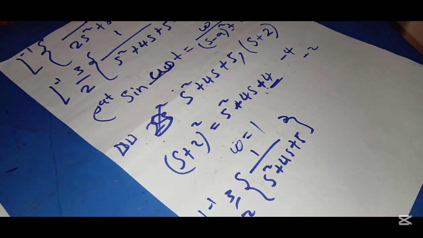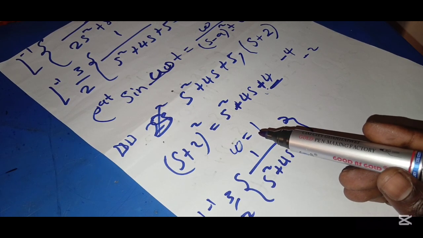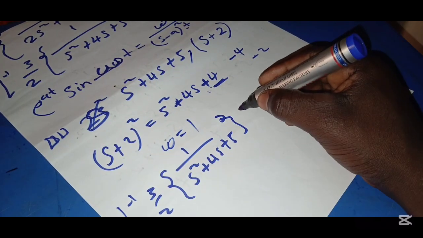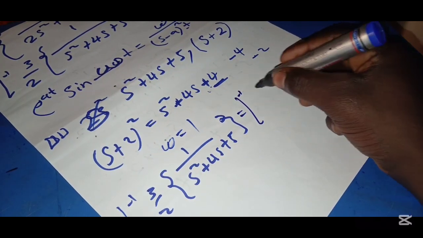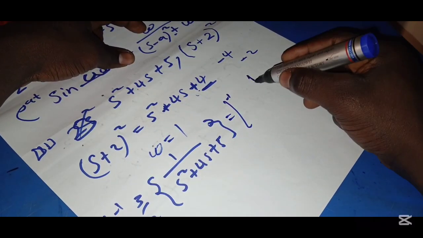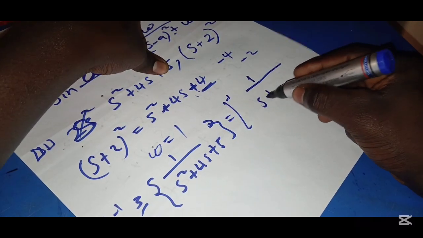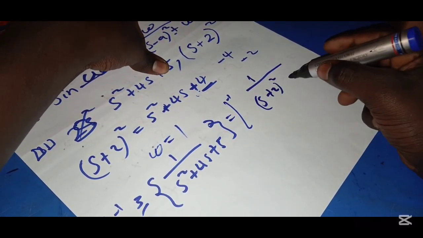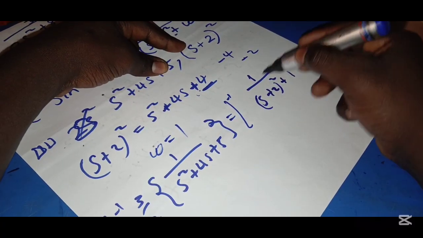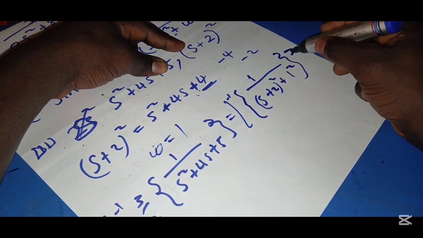And don't forget that the value we get is actually the square of w, and the square of 1 is the same as 1, right? Good. So it is actually equal to the inverse Laplace of our w, we got it to be 1 over s plus 2 squared plus 1 squared. And don't forget that we had a constant, so I can write the constant here, 3 on 2.